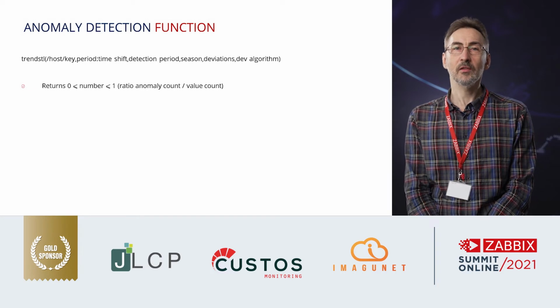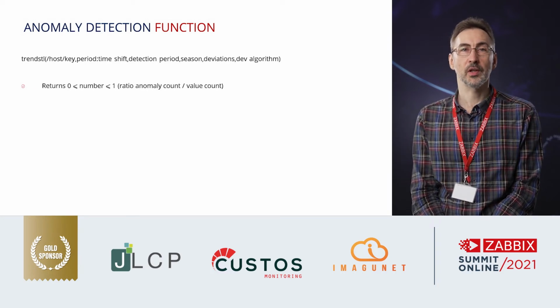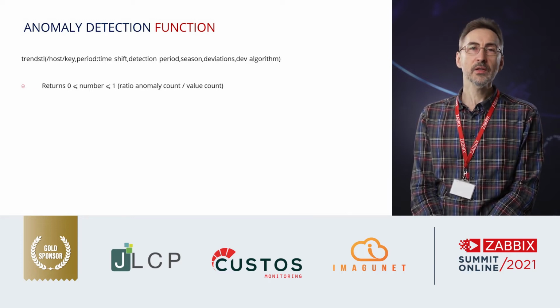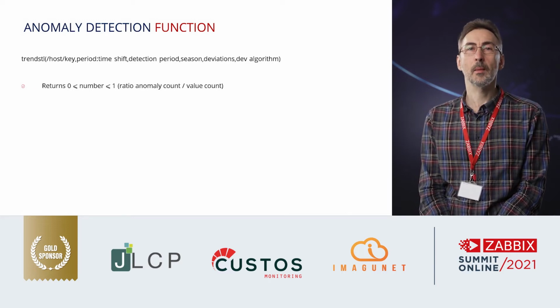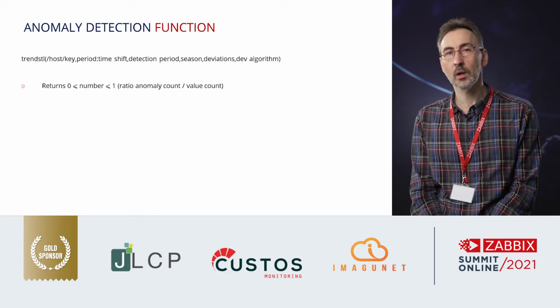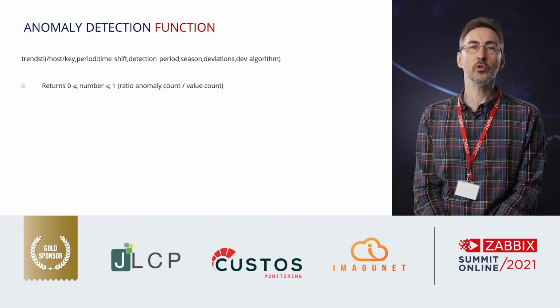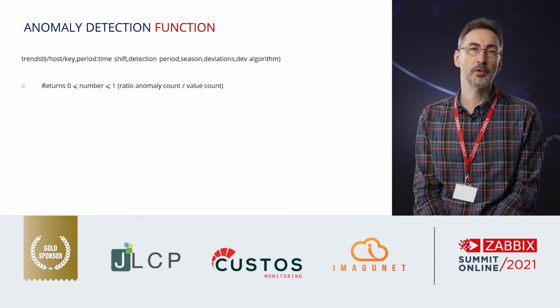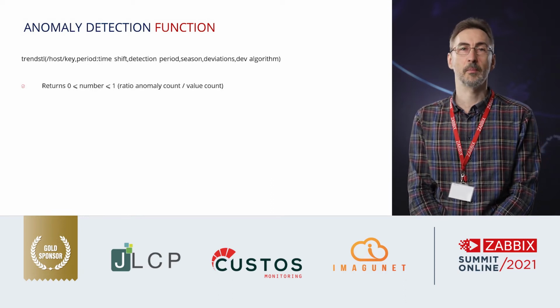Now let's have a look at the actual trigger function that does all the job. Even though anomaly detection is a multi-stage process, we have packed all stages into one convenient call. The function accepts many parameters, but there are reasonable defaults for most of them.